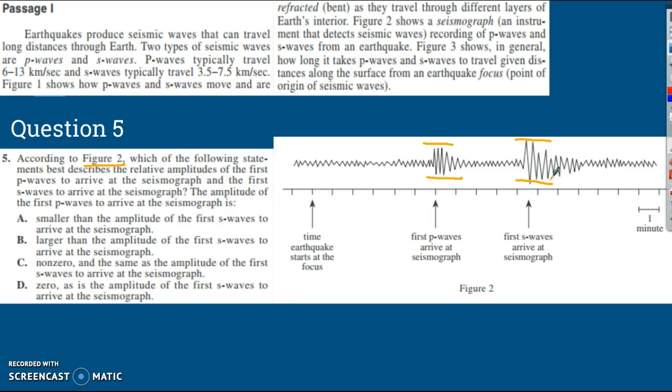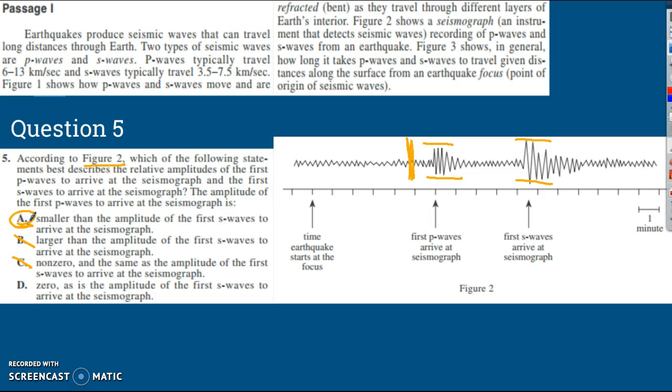So the S waves are bigger, so the amplitude of the first P waves is smaller than the amplitude of the first S waves. Maybe it's A. Larger than the amplitude, they're not larger. Non-zero and the same as the amplitude, they're not the same. And 0, no, amplitude is how big something is. Amplitude is how high apart those are. So A has to be our answer.